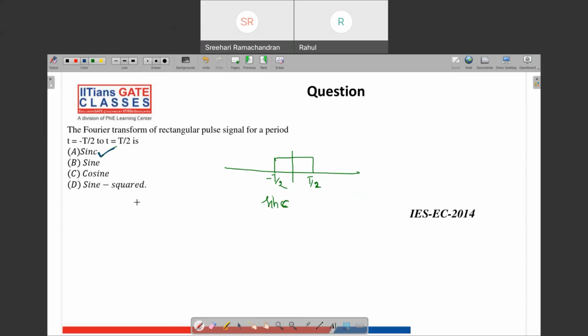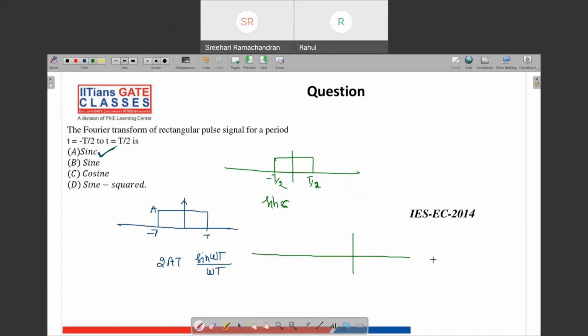Now I will quickly go through a few properties of the sinc function. If you have a rectangular pulse from minus T to capital T with height a, we know that the Fourier transform we just calculated is sine omega capital T divided by omega capital T. When you plot this with respect to omega, you're going to get a peak at omega equal to 0, where it has the maximum value.